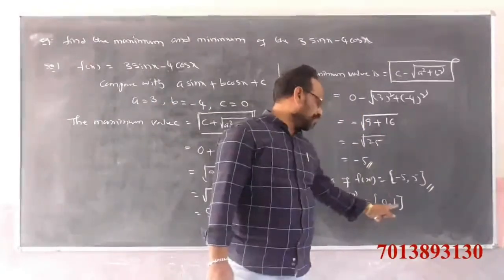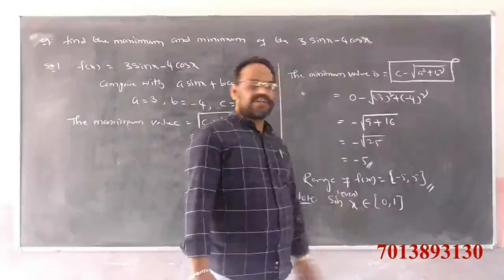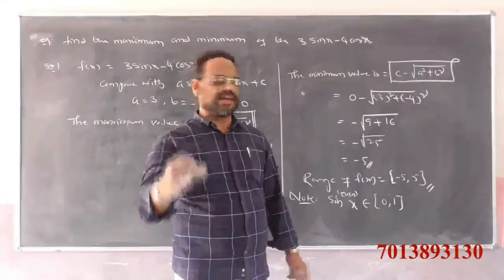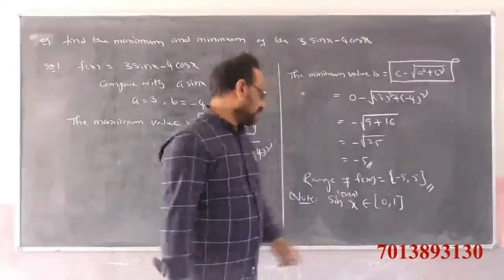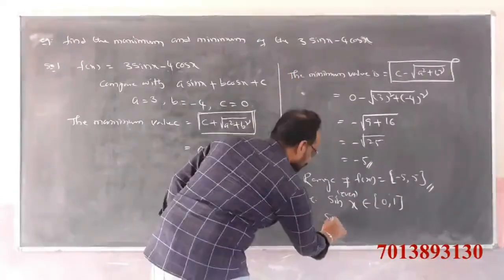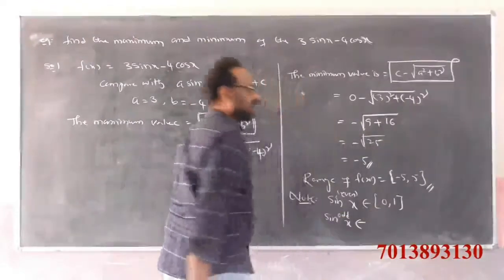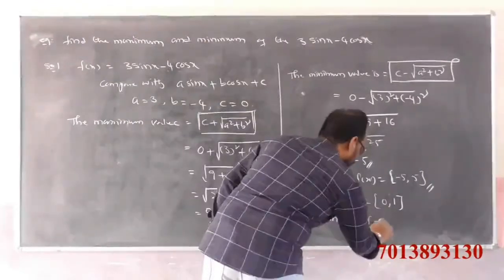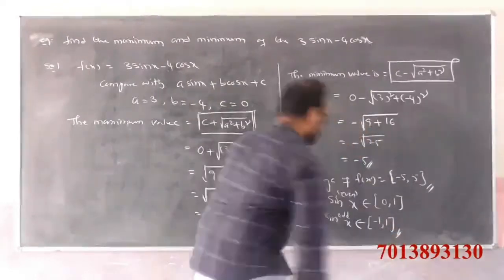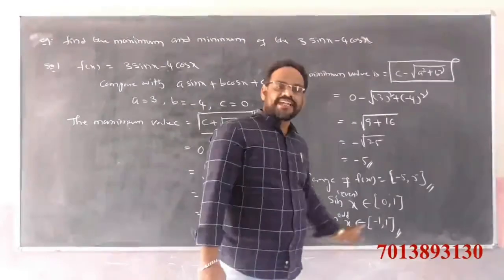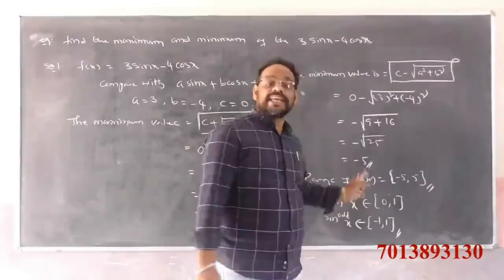Minimum is 0, maximum is 1. For sin power even x, that is sin square x, sin power 4x, sin power 8x, sin power 10x, clearly 0 comma 1. For sin power odd x, the range is clearly minus 1 comma plus 1. So the minimum value of sin x is minus 1 and the maximum is plus 1.